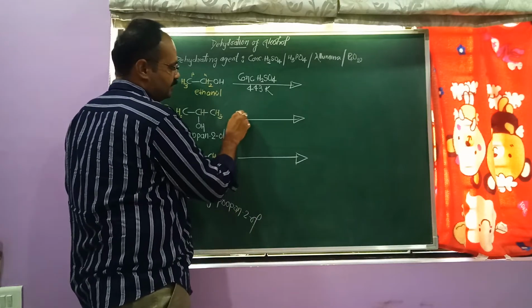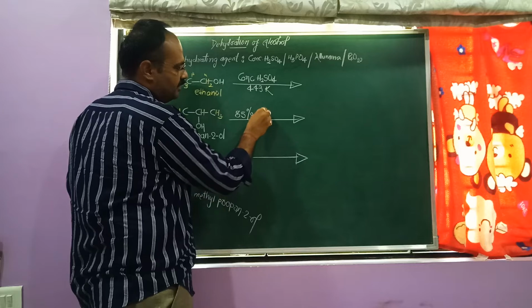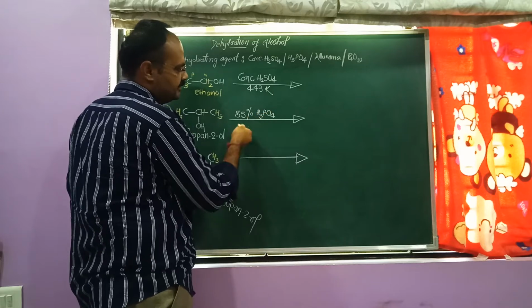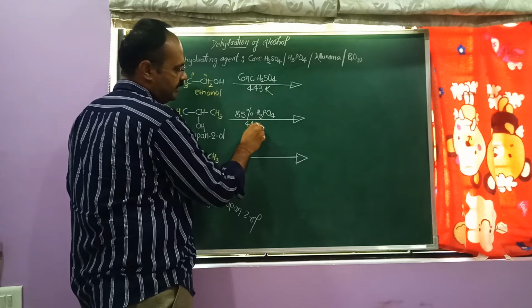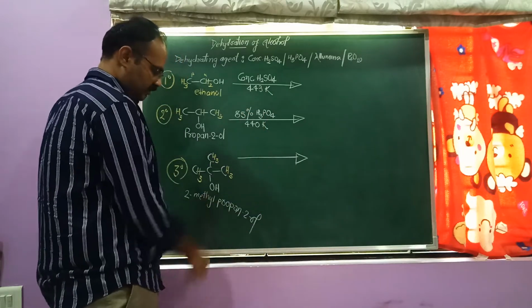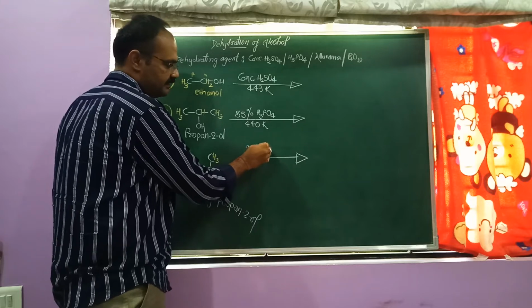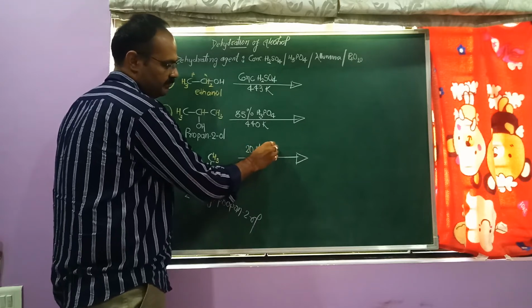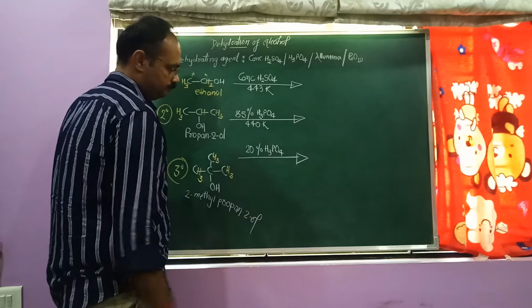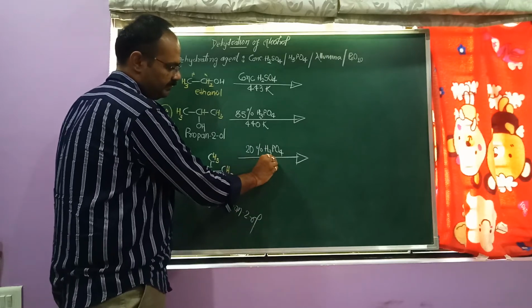In this case, 85% H3PO4 is used as a dehydrating agent and the temperature required is 440 Kelvin. For 3 degree alcohol, only 20% acid is required for dehydration, H3PO4 20%, and 358 Kelvin temperature is required.